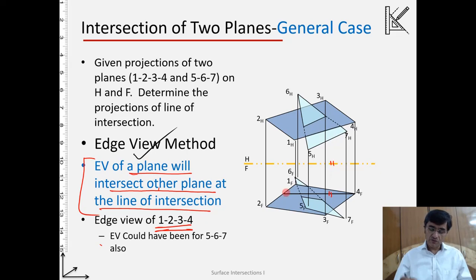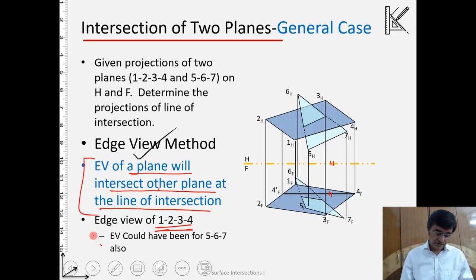Now if I find the corresponding projection of this line onto the horizontal, the resulting line which lies on the plane will be the true length. So we have a line which is lying on plane 1 2 3 4, and this is of true length. With the help of the true length, we can create the point view of the line, and accordingly we'll have the S-view of the plane.